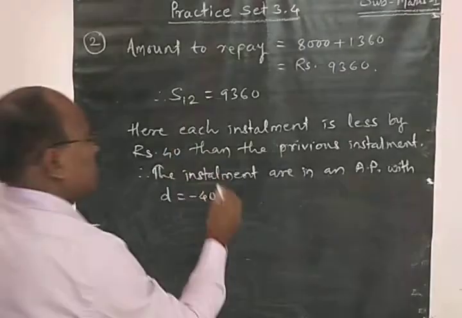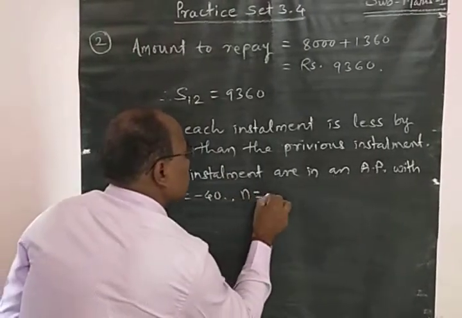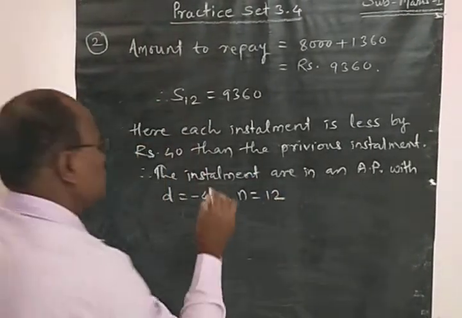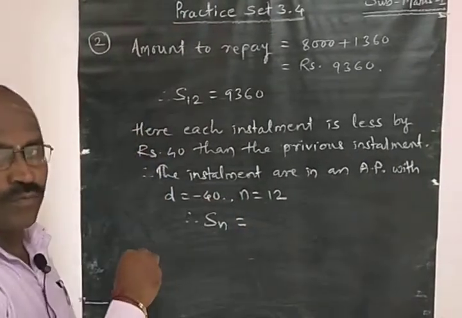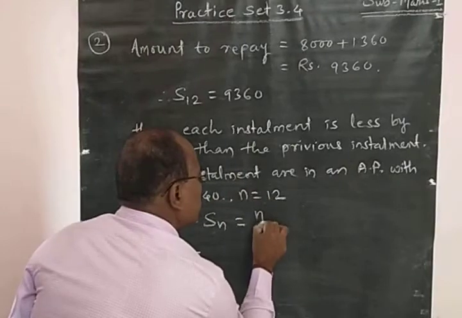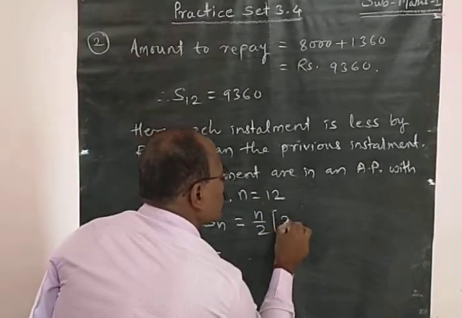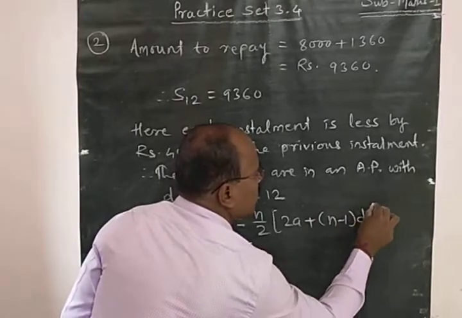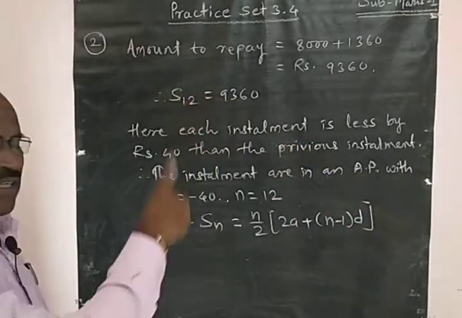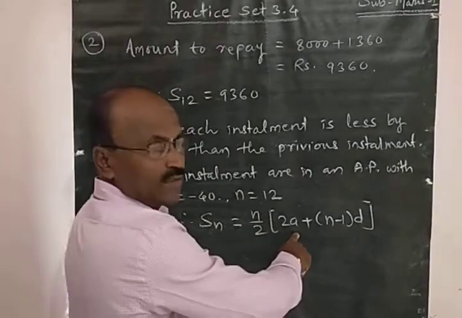Okay, so here n is equal to 12. So use the formula Sn is equal to n by 2 into 2a plus n minus 1 into d. By using this formula we can find a.